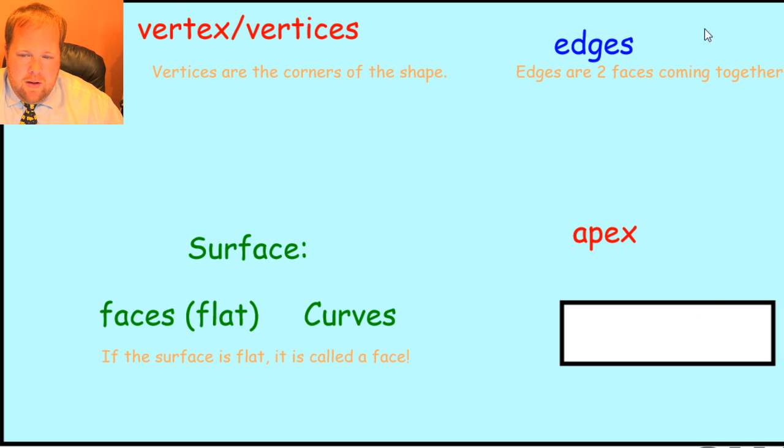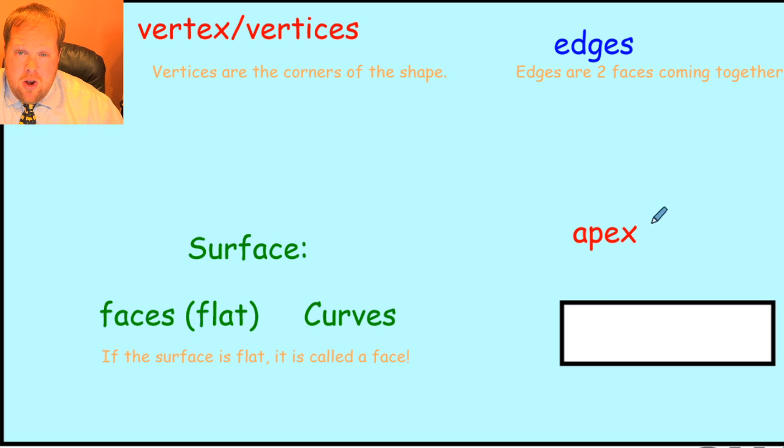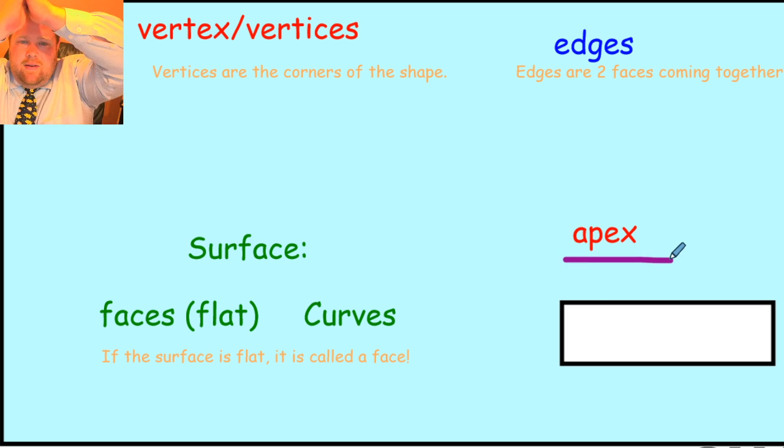And finally, edges are going to be where two faces, right here, come together. That is an edge. And edges meet at the vertices. And then there's one term called an apex. One more time. Apex.